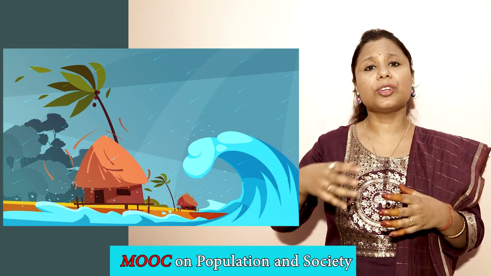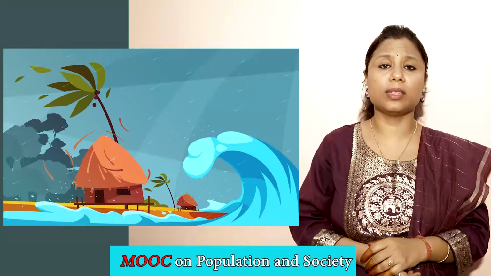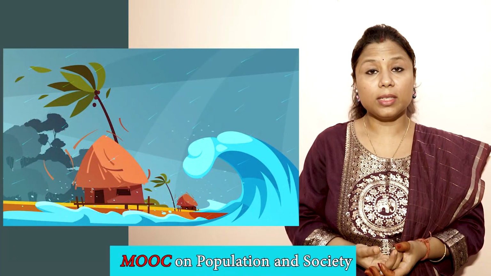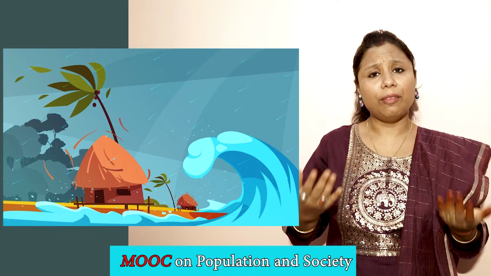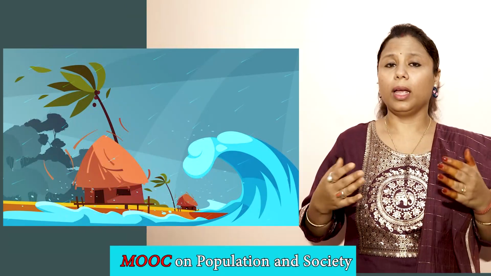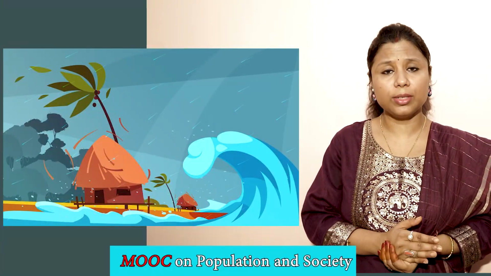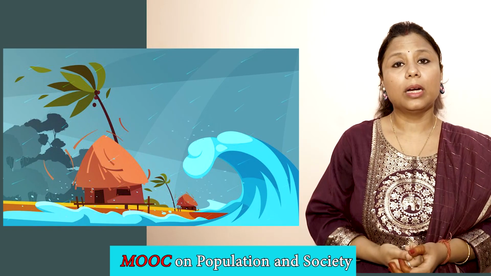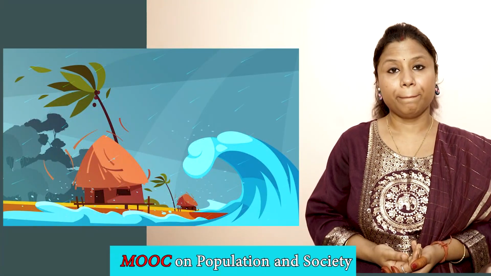And again, a section of these people go to urban places because urban spaces at least offer livelihood options and shelters, even though in underdeveloped areas, but nevertheless they move out to urban centers for a better livelihood or for a better living.